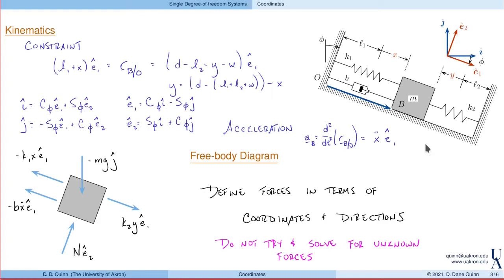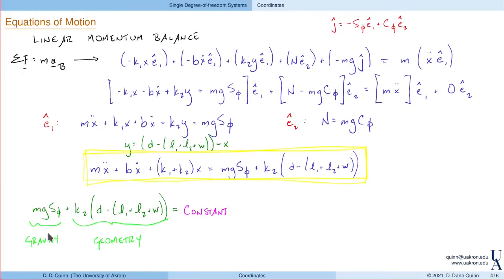And then there'd be a second effect from gravity. So gravity tends to move the block down the plane, right? So really, those two things, the gravitational load and the geometry, combine to influence the static equilibrium position. And that's exactly what we see here, right? There's a term due to gravity, and there's a term due to the geometry.